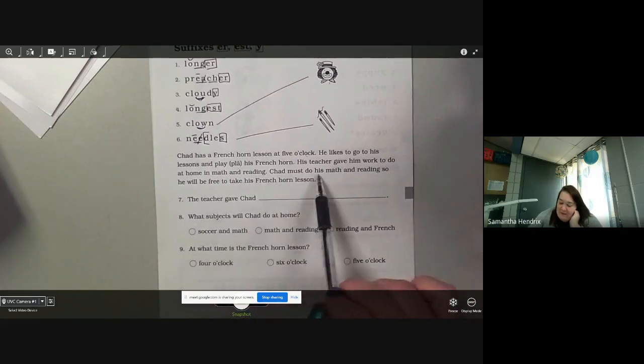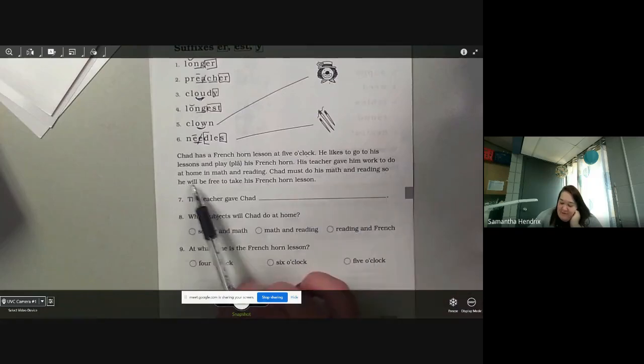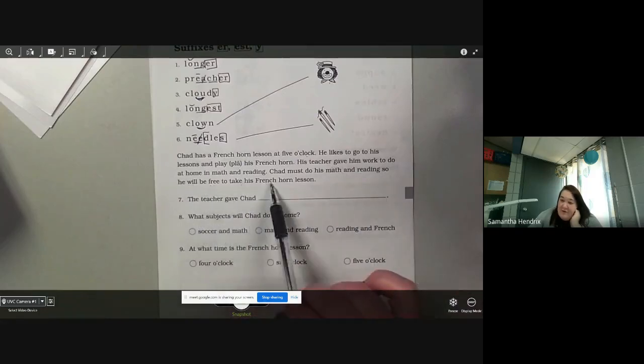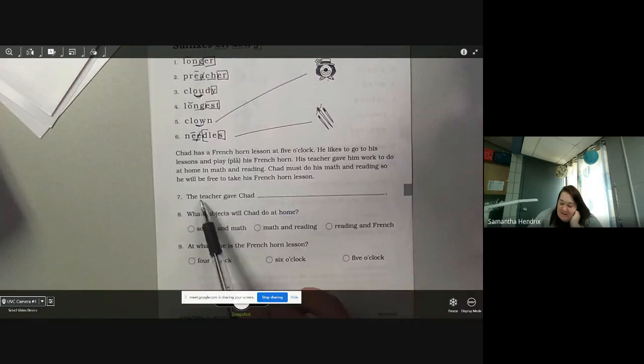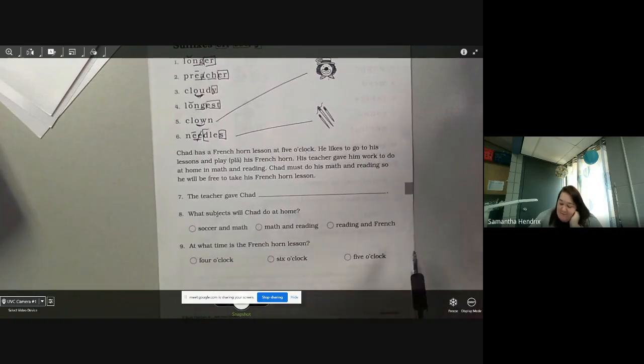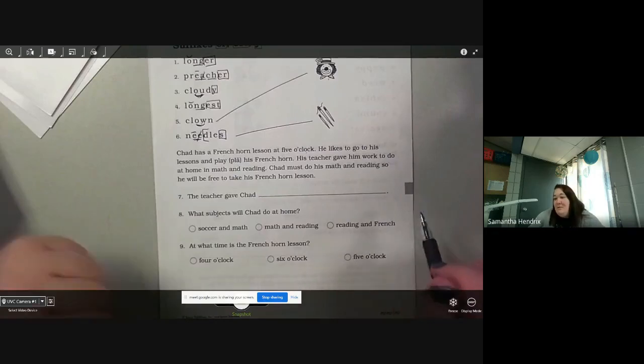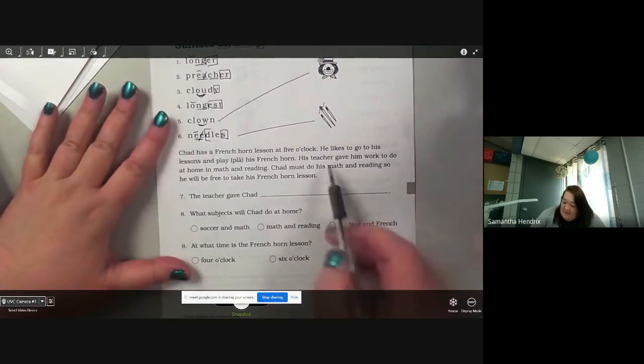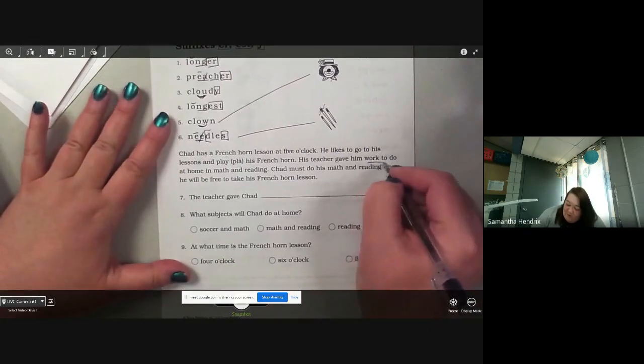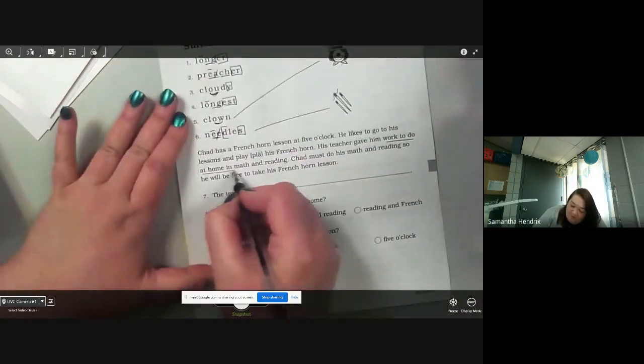Chad must do his math and reading so he will be free to take his French horn lesson. The teacher gave Chad what? Go find it. His teacher gave him work to do at home in math and reading.